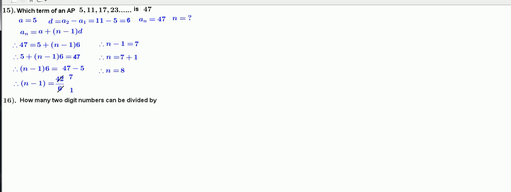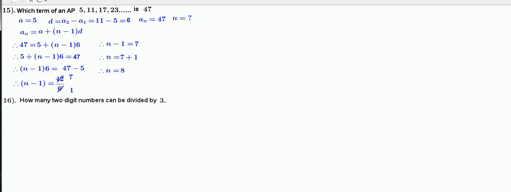Problem number 16. How many two-digit numbers can be divided by 3? Here we have to list the two-digit numbers which will be divided by 3.